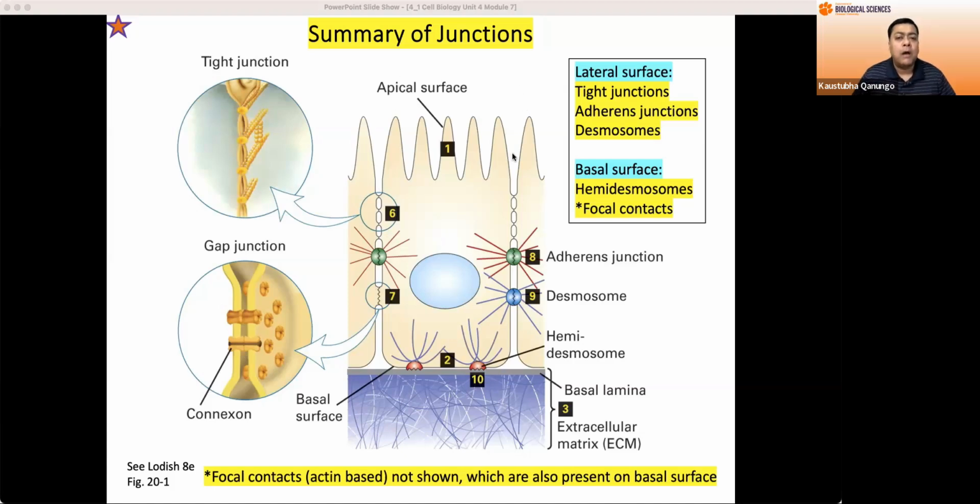And we know from our previous chapters that there are two reasons for that. The first is that the environment in the apical surface and the basal surface are different, and they do not allow free passage of ions and material between the apical surface and the basal surface.